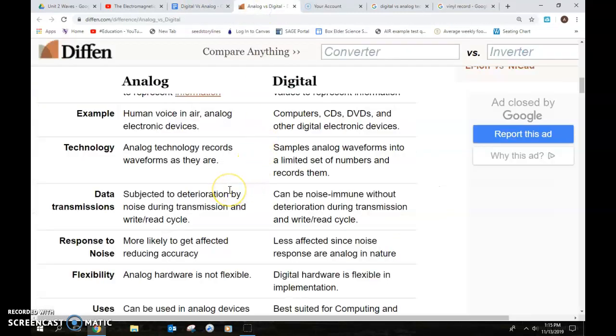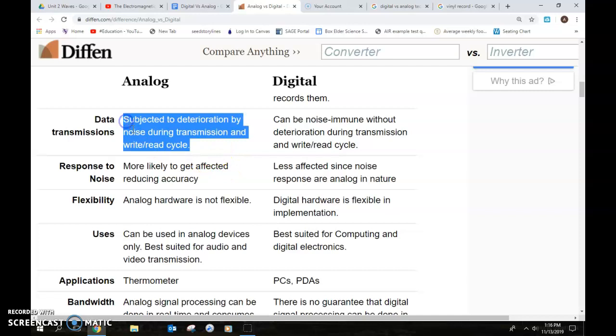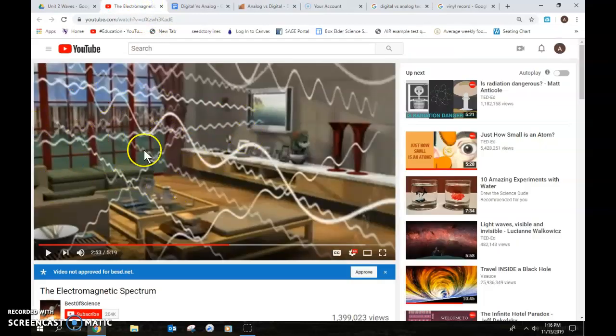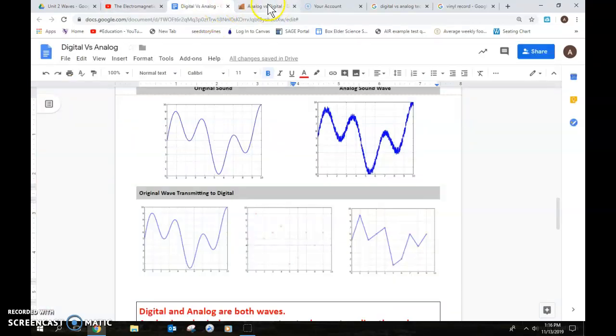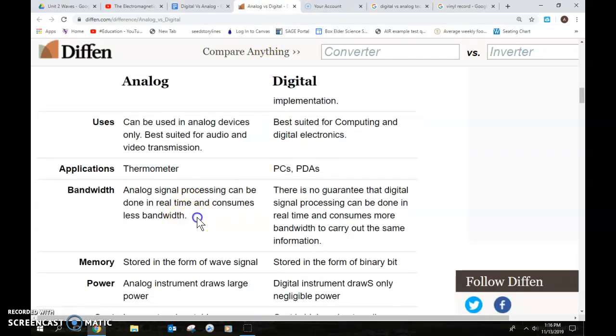So with the data transmission, anything that is coming through in a physical wave, like a microwave or a radio wave, those are analog, but when it gets recorded and processed, if it gets processed by a computer, it's going to be digital. Another example is bandwidth.